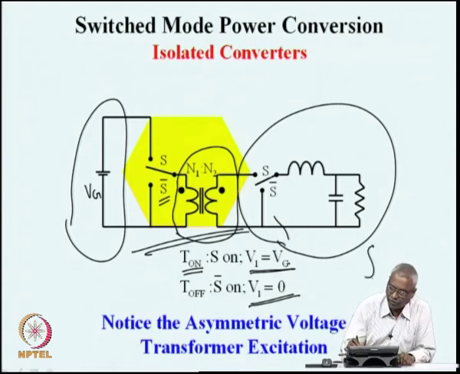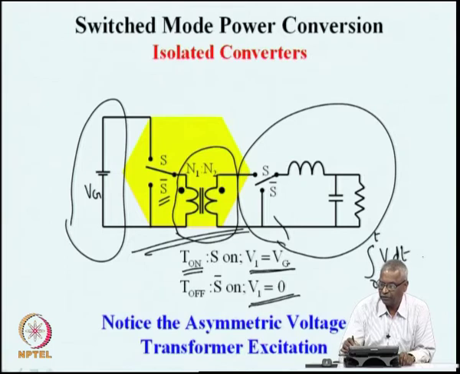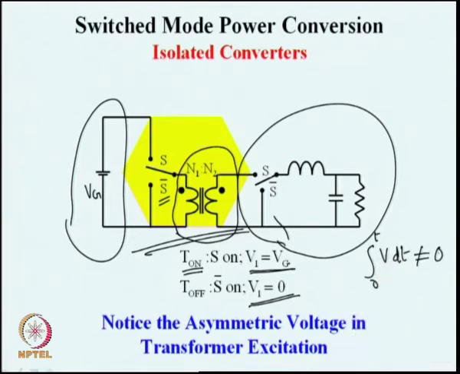The integral from 0 to T of v dt will not be equal to 0, because on one side it is positive volt-second, on the other side it is 0 volt-second. So, there is nothing to balance, and so this transformer will saturate eventually.